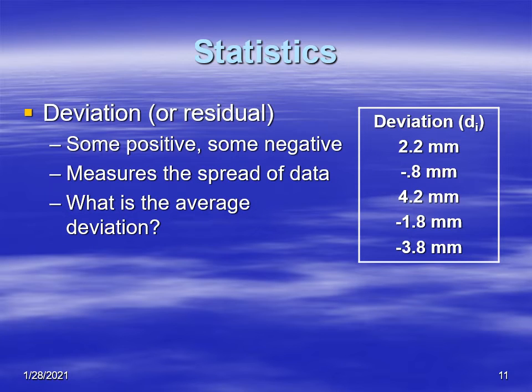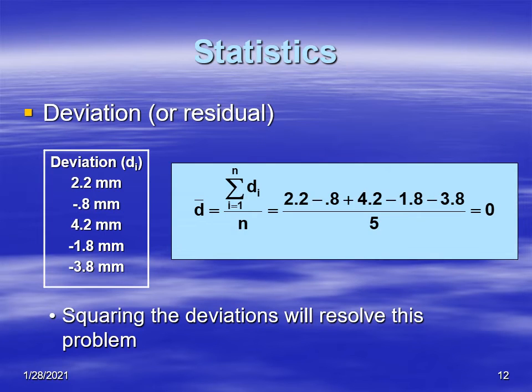It would be nice to get a handle on the spread of this data and how close it is to the true value. So maybe we can do the average. We'll take those numbers and average those. So here's our average. We're going to sum up all of the deviations and then divide it by 5. But if you'll notice, when we sum up all of the deviations, that gives us 0 on top.